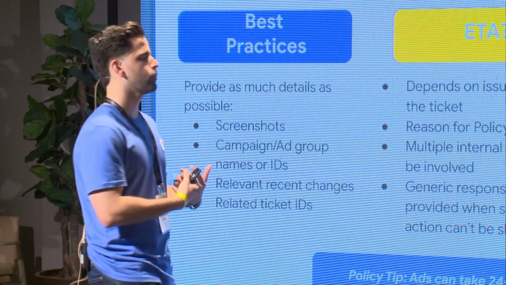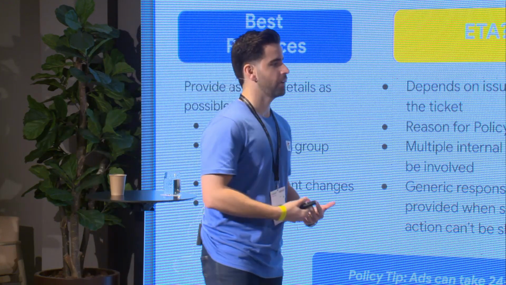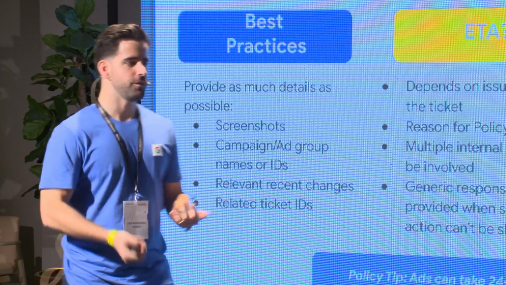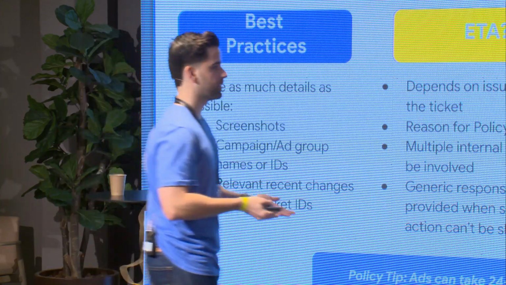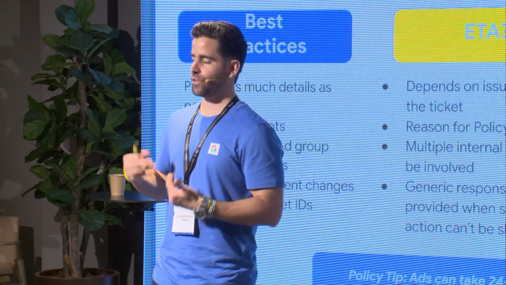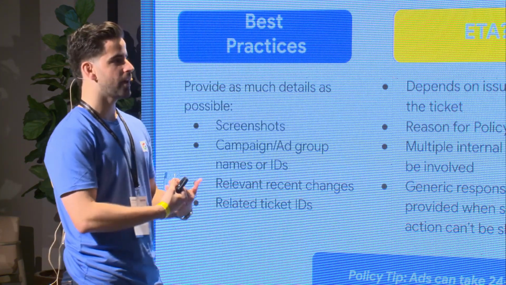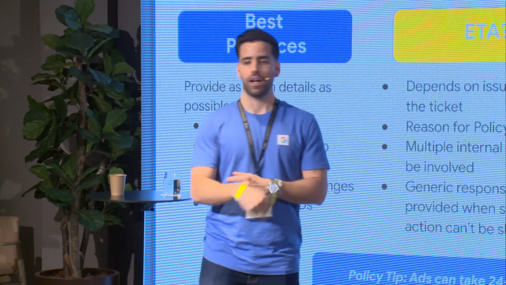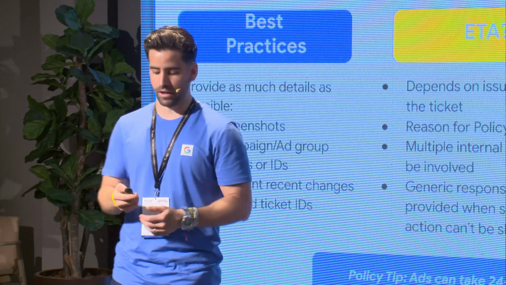I have to be super specific, okay? You have to be mindful that probably the person reviewing your information doesn't know a lot about the industry or what you're trying to do, how it works. So the more I explain to them, the higher the chances for me to have a successful appeal and have my ads back live.